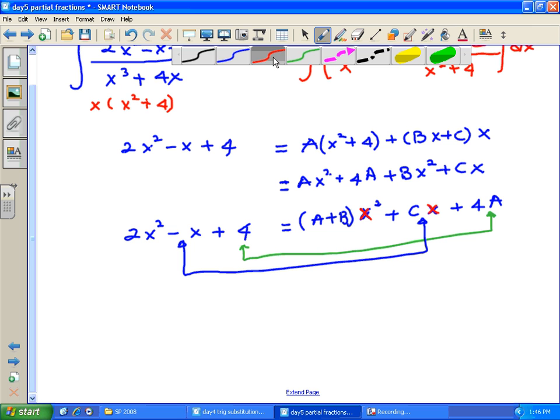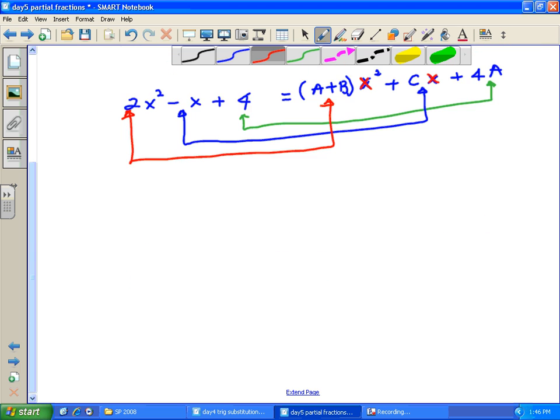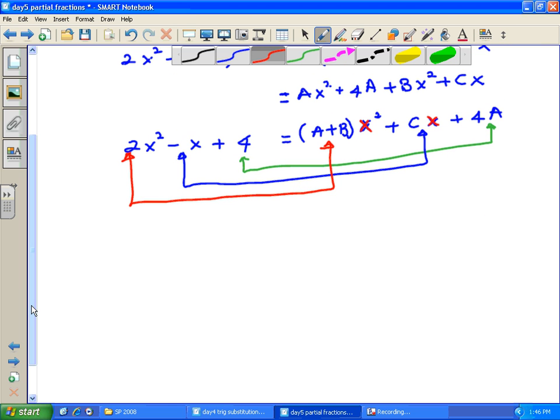And the last one is going to be the coefficient of x squared must be equal to the coefficient of x squared on this side. So let me write those equations down real quick. Okay, so a plus b must be equal to 2. -1 must be equal to c. And 4a must be equal to 4.